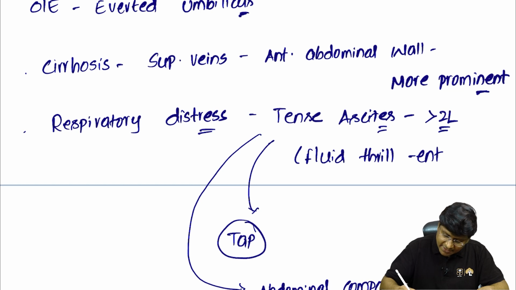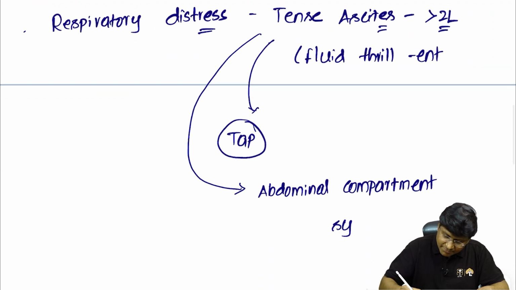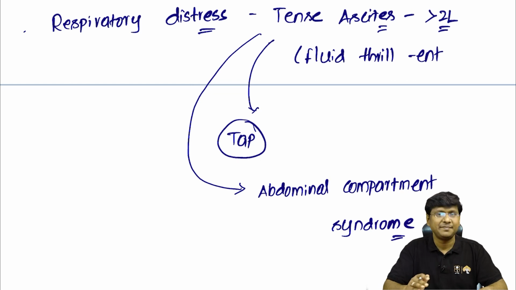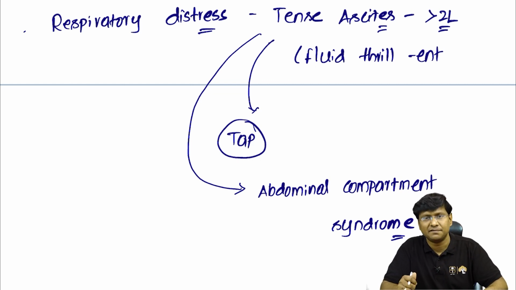In case of the abdominal compartment syndrome, the problem that can be anticipated is that the vessels within the visceral organs get completely squeezed, and the individual can develop gangrene of the visceral organs. That is what can be seen in abdominal compartment syndrome.